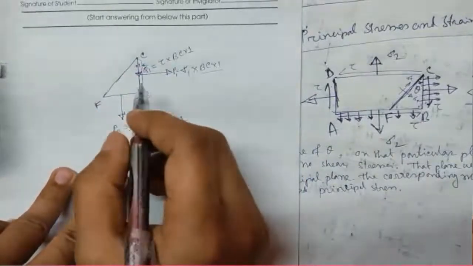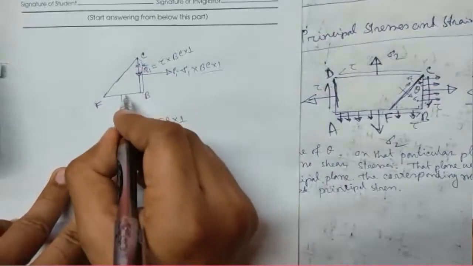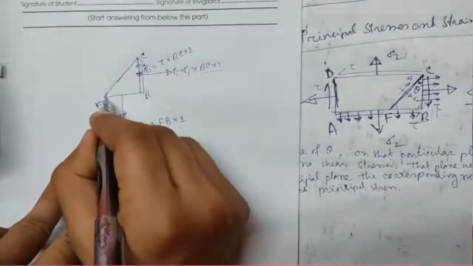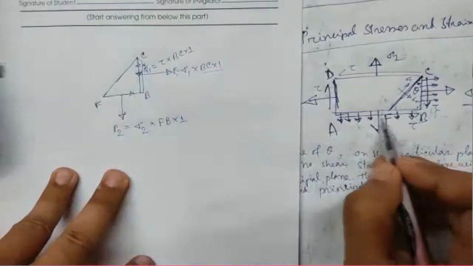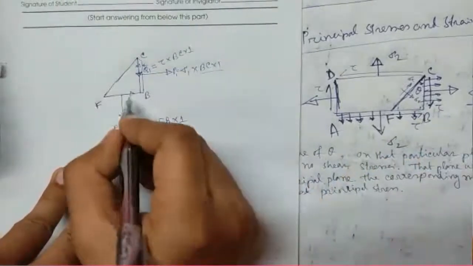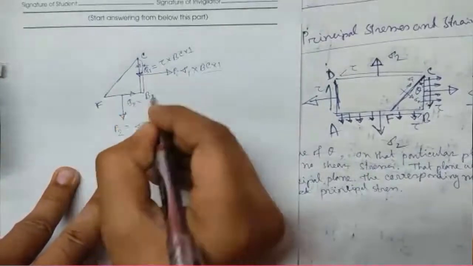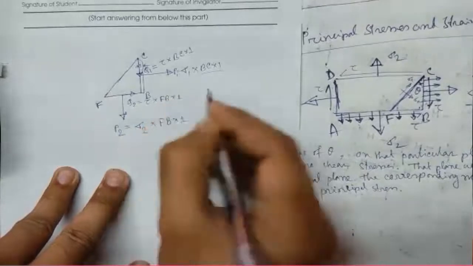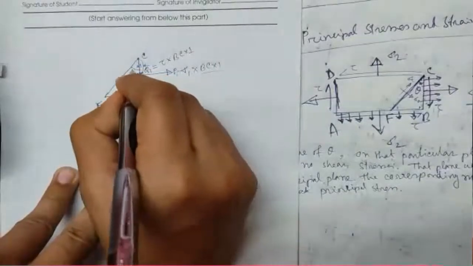Similarly, here in this direction, because of the face AB, there is shear stress producing the load, say Q2, and Q2 will be equal to tau into FB into 1. This angle is theta.